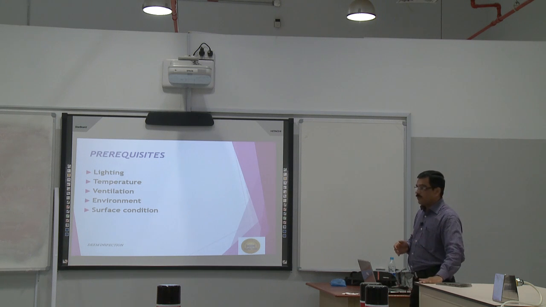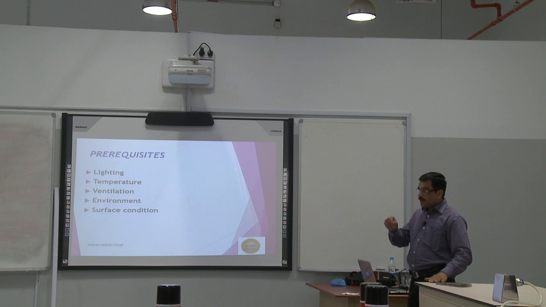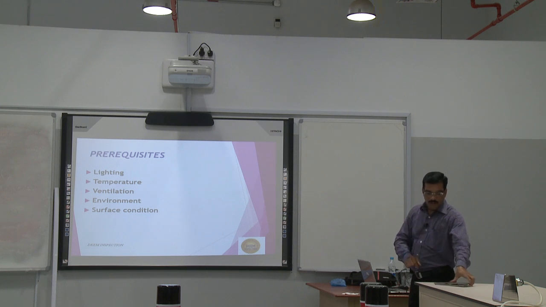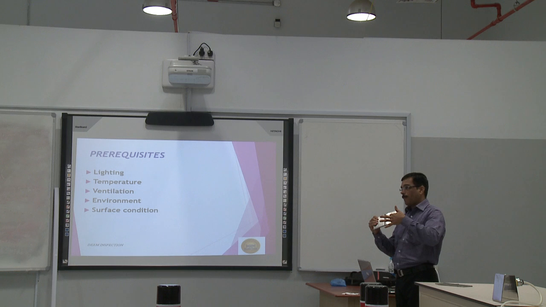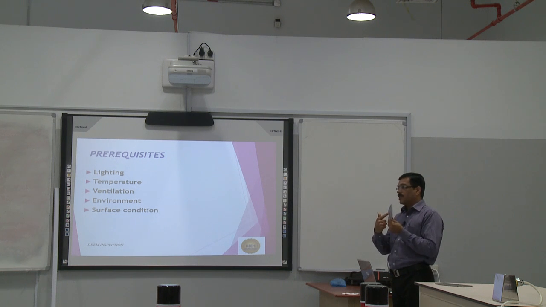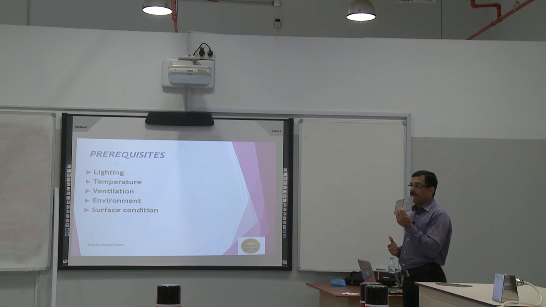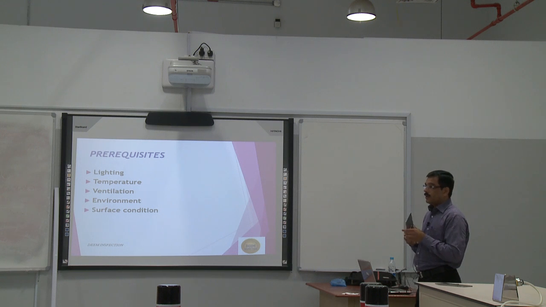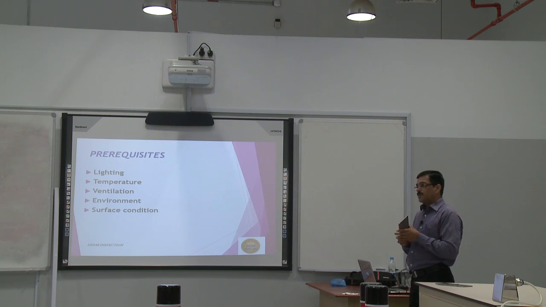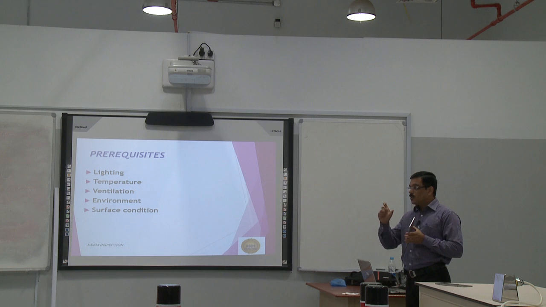We are talking about the temperature of the surface where we are doing penetrant testing. Suppose this is our test object; the temperature of this surface should be within 10 to 52 degrees Celsius. 60 also we can use, but the problem is we are using solvent.